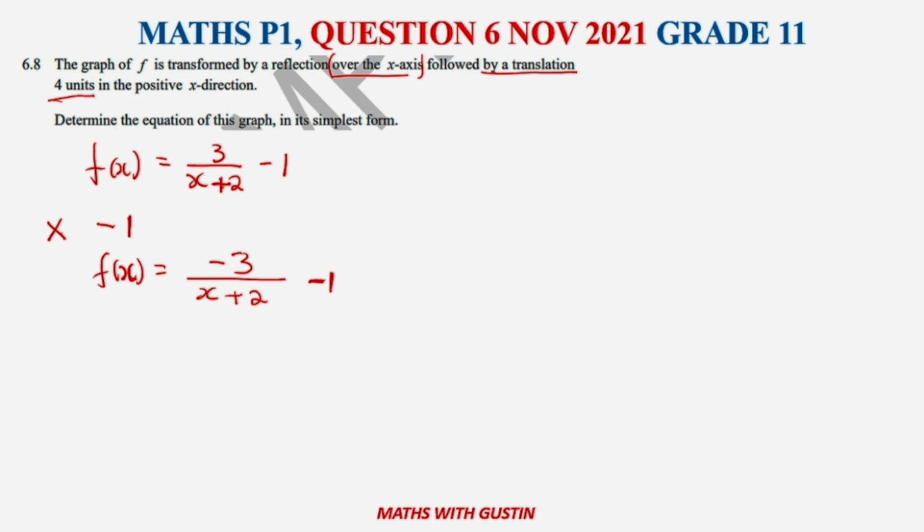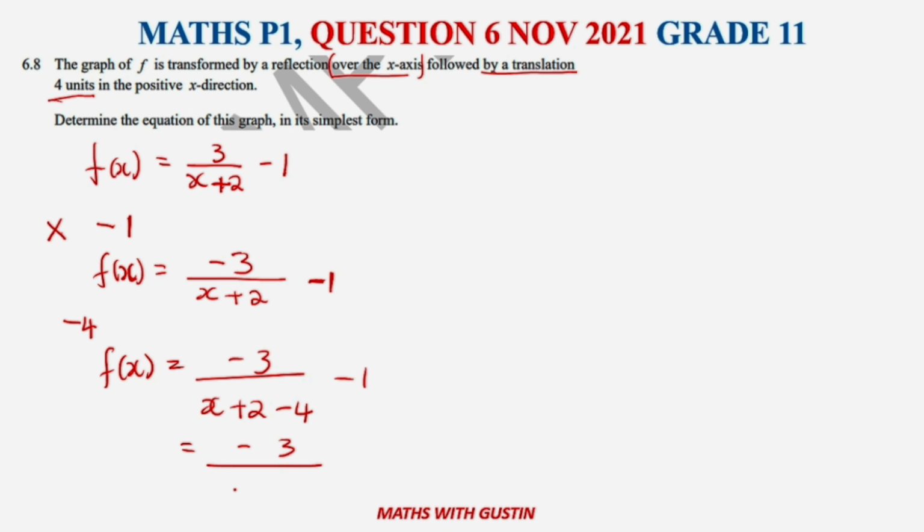This means that basically you have subtracted 4 units from the x value. In this case, the x value would be the one at the bottom where there's x. So it's going to say x plus 2 minus 4 units, minus 1. Therefore our new equation is going to be given by negative 3 all over x minus 2, minus 1. And that's how you would deal with this transformation.